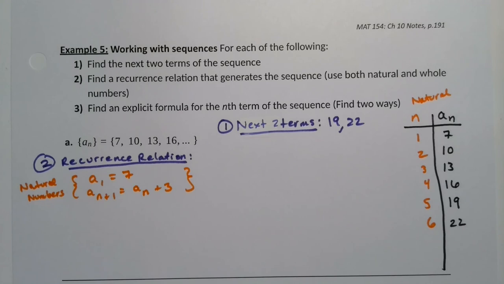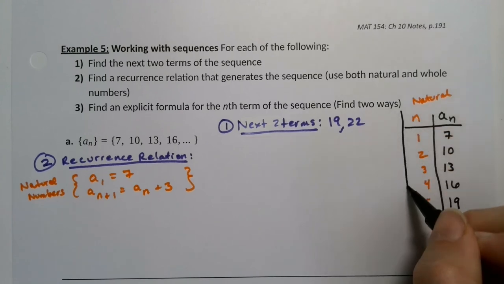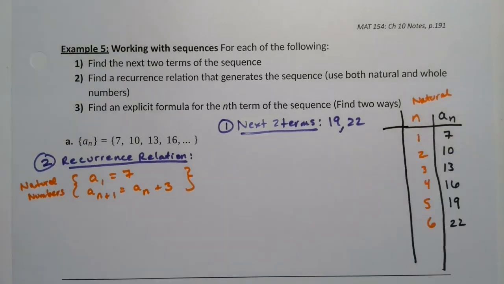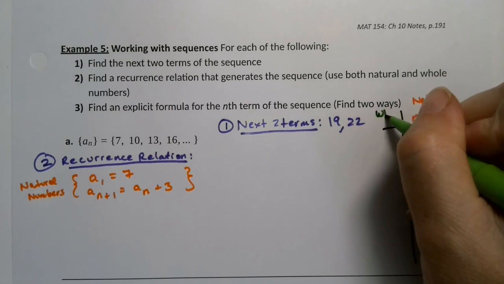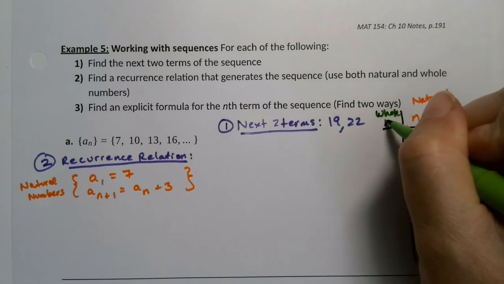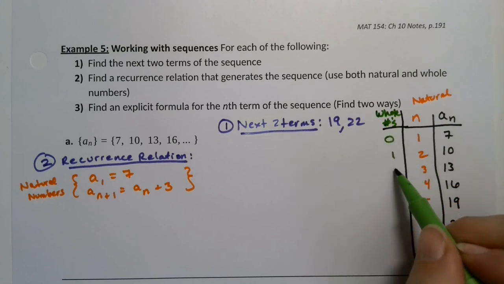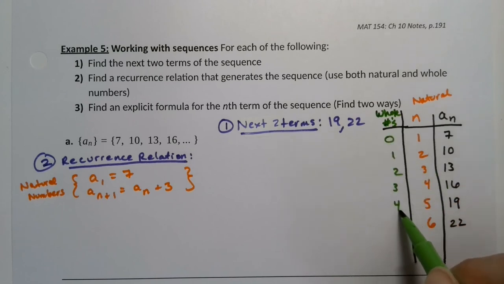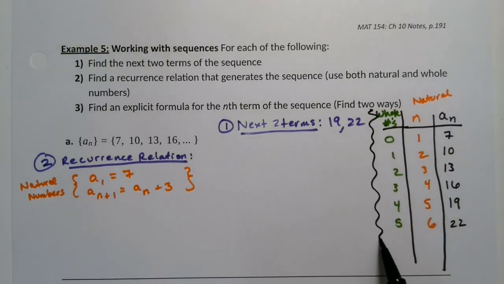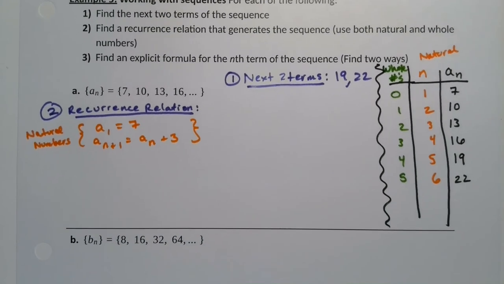Now, how will this change if I use the whole numbers instead? Well, then that means we start at 0. I'm going to do this really quickly just to segment that off for our own benefit.